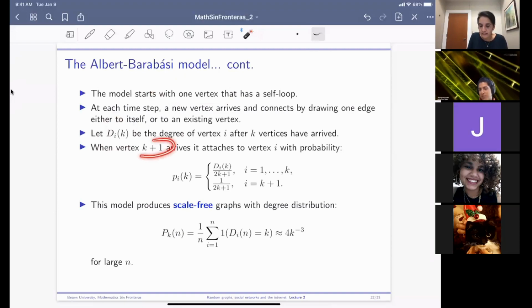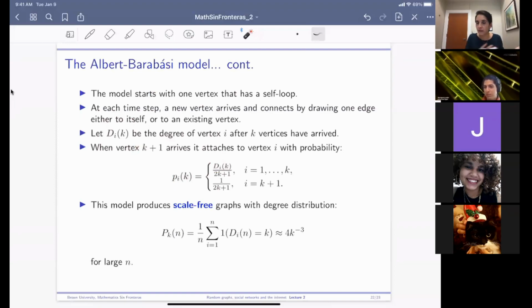When this new vertex, let's say k plus 1, comes in, it's going to choose to connect to vertex i with a probability proportional to the degree of i at that time. The newcomer comes in and sees all the vertices, and it looks like, hey, vertex 1 has 1 million friends, vertex 2 has 500,007, vertex 200 has 251.